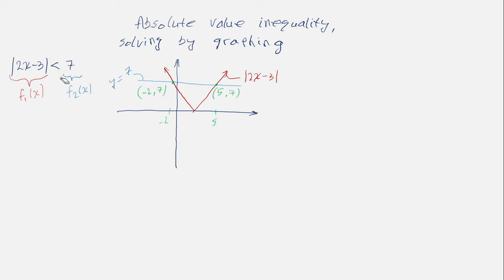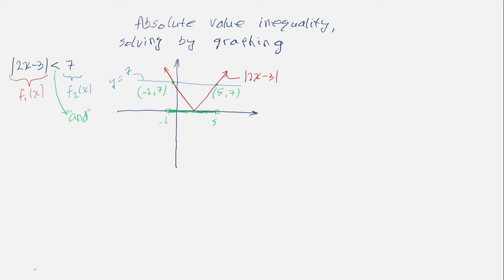If we have a less than sign, that means we have an and situation, and that means solutions are in between. So solutions would be all these x values between negative 2 and 5, not including negative 2 and 5 because we don't have equals here.